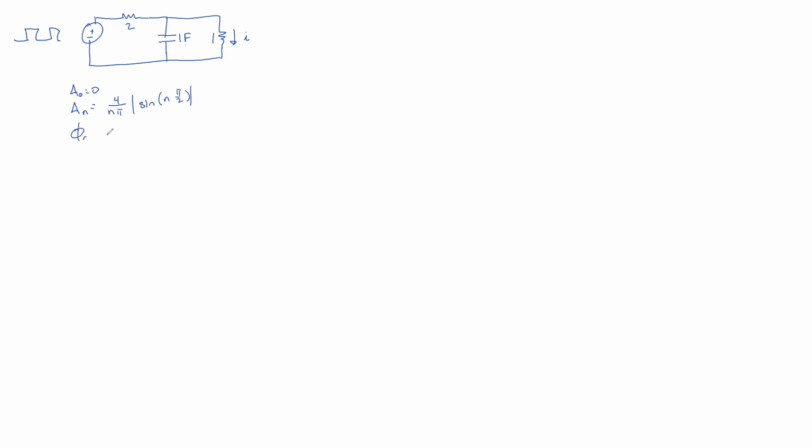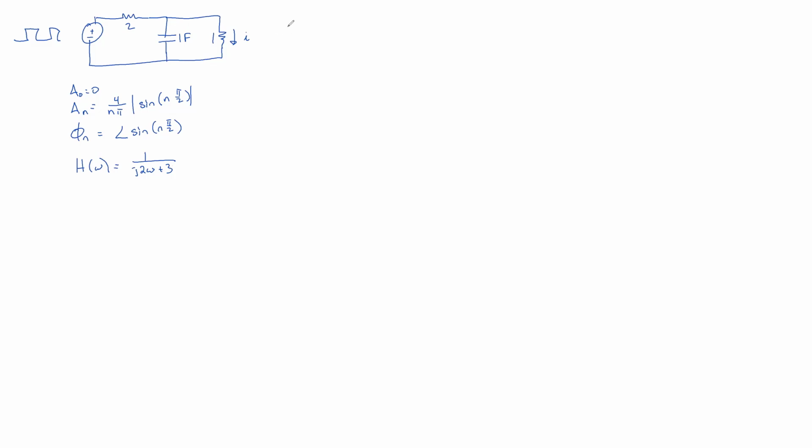And our phi sub n's are equal to whatever the angle of sine of n pi over 2 is. And we said our h of omega is equal to 1 over j2 omega plus 3. Okay, and armed with this, we're going to find out what our outputs are.